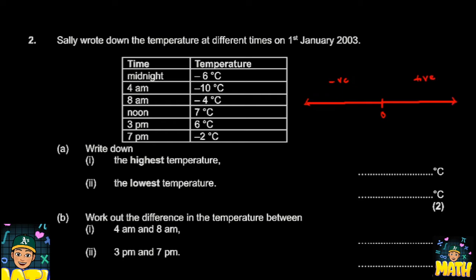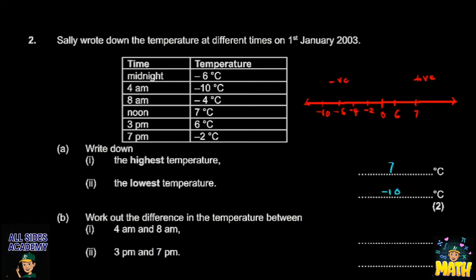So I'll take note of each of those temperatures. The negatives start from 0, -2, then we have -4, -6, -10. And then the positives will have 6 and 7. All right, so the highest temperature then will be 7. And the lowest will be -10. So it's so easy to identify that using a number line.